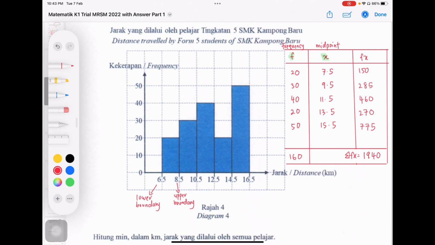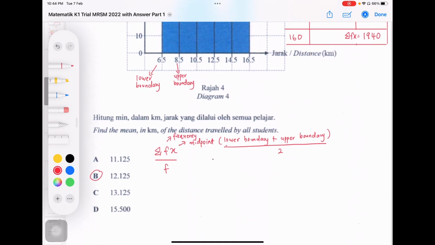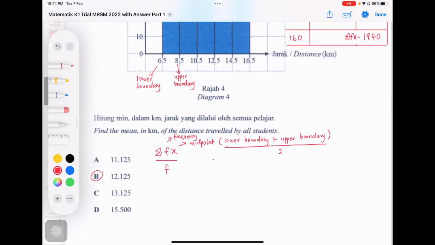First, you list out all frequencies and then find the midpoint, the lower boundary plus upper boundary divide by 2, and then you can multiply f with x, and then you will get the summation of fx is equal to 1940 divided by total frequencies 160. And when you calculate, you'll get the answer 12.125.